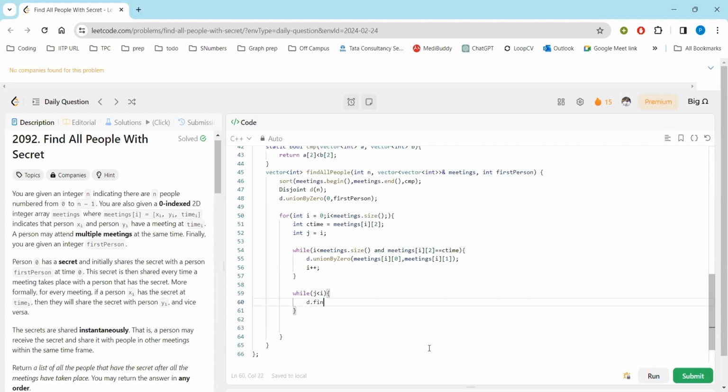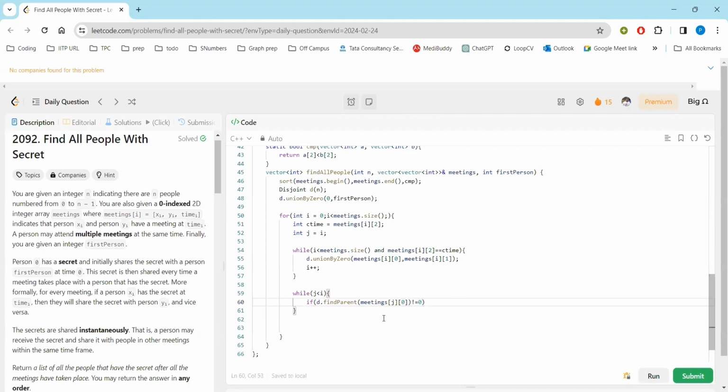D dot find parent of this person, if it is not equal to 0, that means we have wrongly updated and we have to reset the parent.